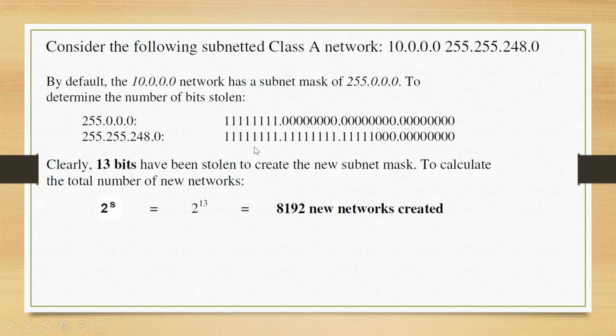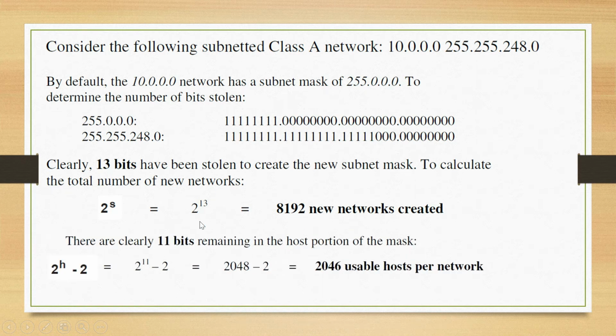Clearly, there are 13 bits that have been stolen to create a new subnet mask, from the second octet up to the third. So that means 2 to the s, which is 2 to the 13, is equal to 8,192 new networks created.